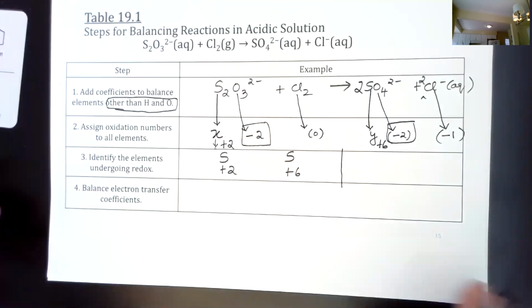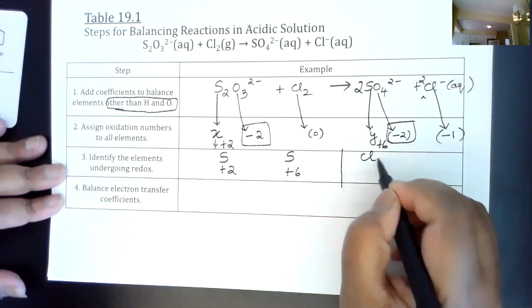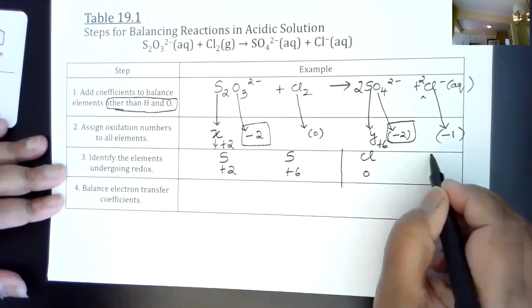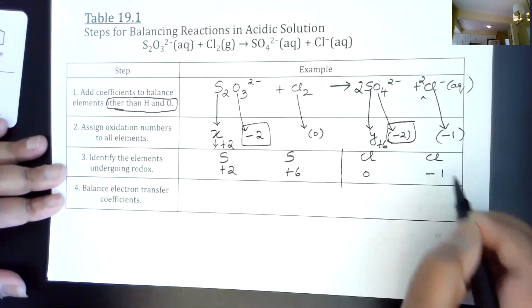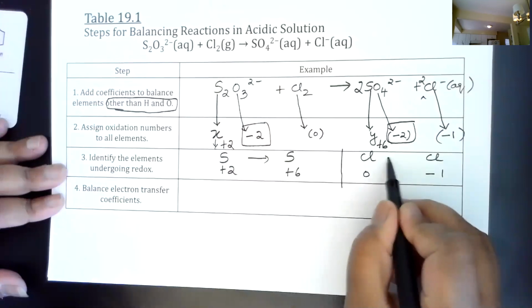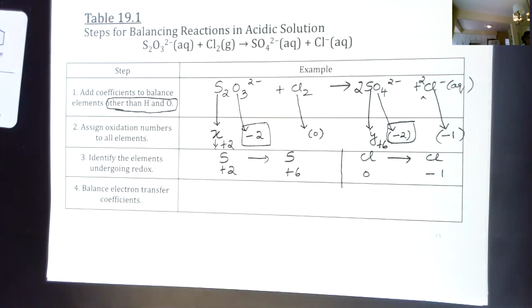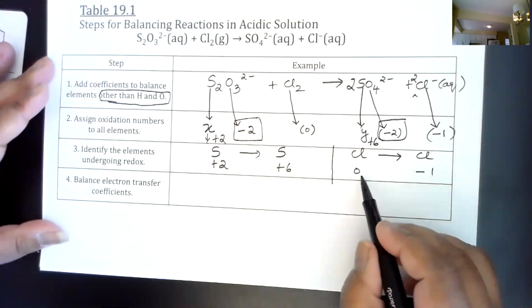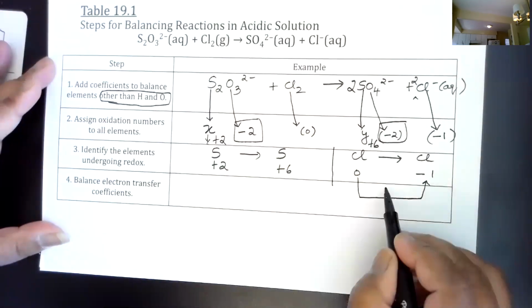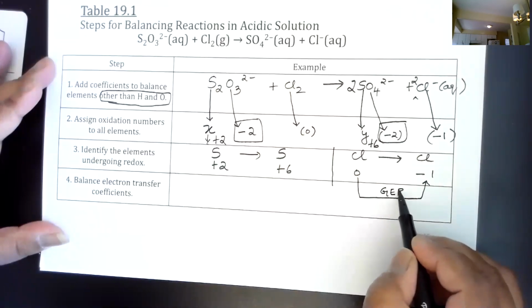And then the Cl goes from 0 to Cl -1. Which one is undergoing oxidation and which one is undergoing reduction? Sulfur is undergoing oxidation and the other one reduction. So Cl to -1, gain of electrons, is reduction.